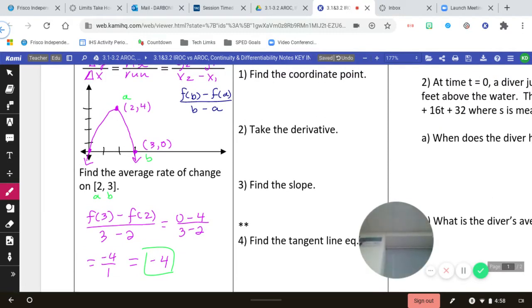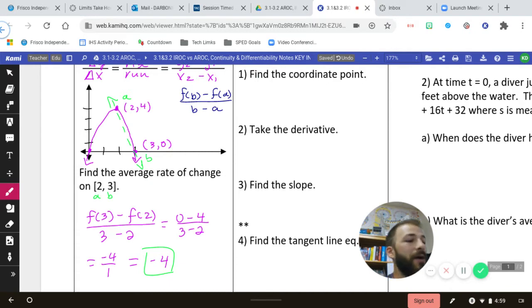So if I drew that secant line, the slope of that secant line would be negative 4. So that's average rate of change. The way that you know it's average rate of change is that I give you an interval. So anytime I'm asking you to find change over an interval, it has to be AROC.